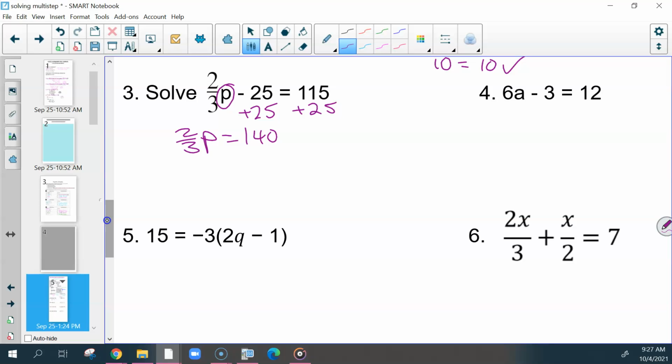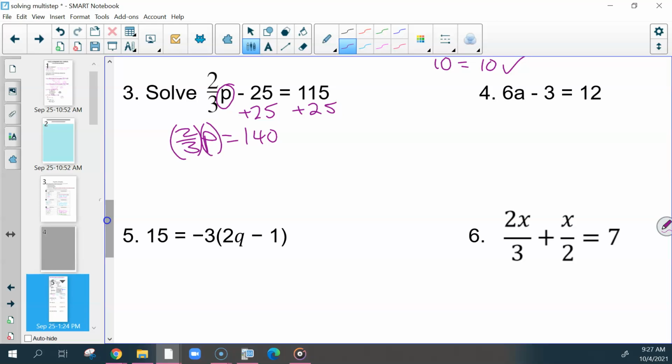To get rid of this, think about this as what are these two things doing to each other? We're multiplying these two because they're right next to each other. Yes, this is a fraction, so that is dividing, but these two things are multiplying each other.